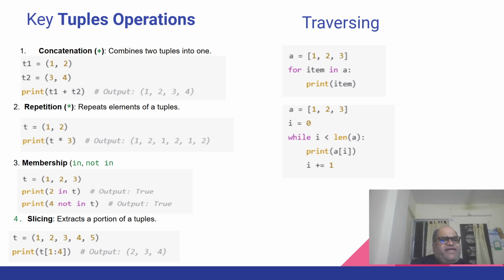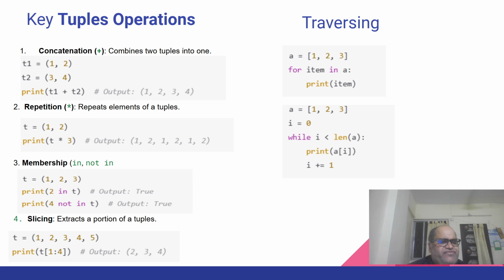Let us look at some of the key tuple operations. Like string and list, most of those operations are supported. Concatenation using plus: say t1 is (1, 2), t2 is (3, 4). If you do t1 + t2, you'll get those two concatenated to (1, 2, 3, 4).